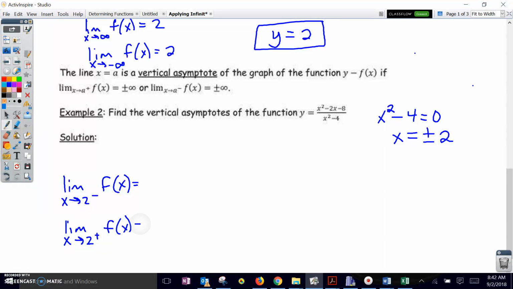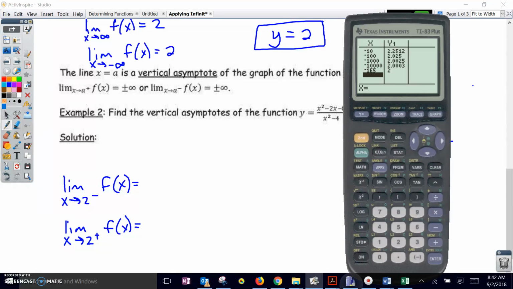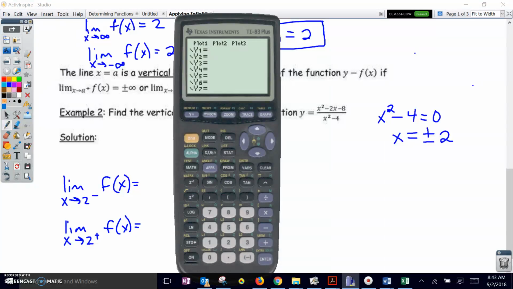And in order for this to actually be a vertical asymptote, those values both need to approach infinity or negative infinity. And one can be infinity and the other negative infinity as far as that goes. So again, I'm going to handle this numerically. I'm going to type my function in.